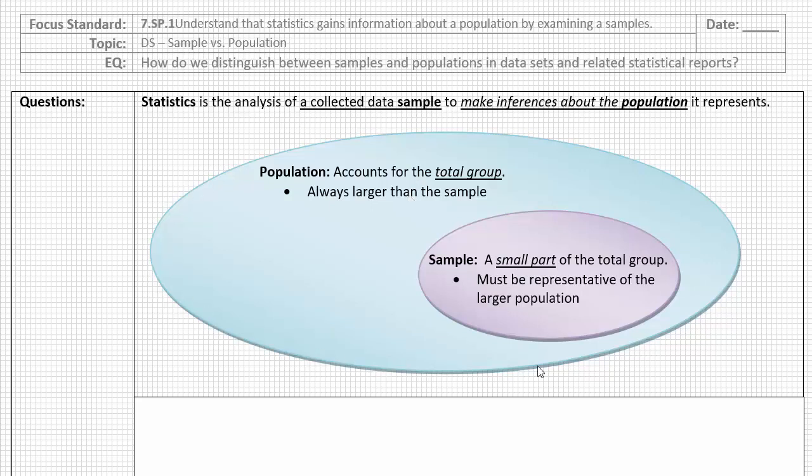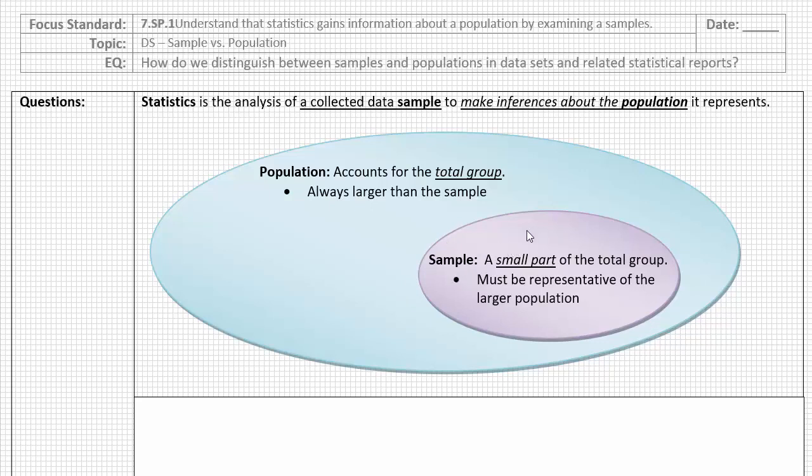Usually the population is very, very large. It could be the worldwide population, and we want to find something out about all people across the world. Well, it would be impossible to analyze data from every single person around the world, so we have to find a way to select just a small part that would represent this larger group that we want to study.